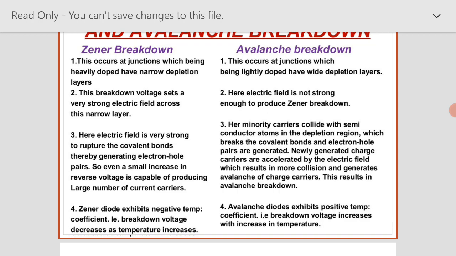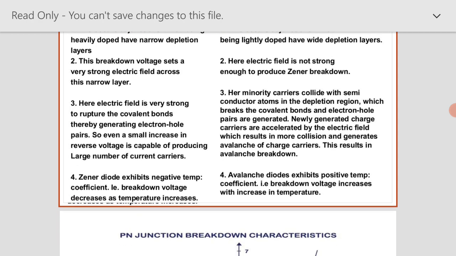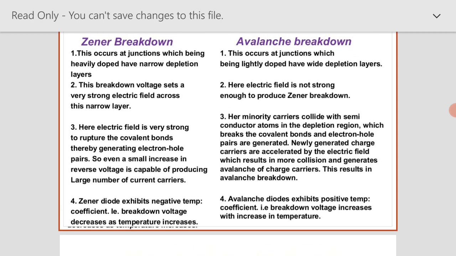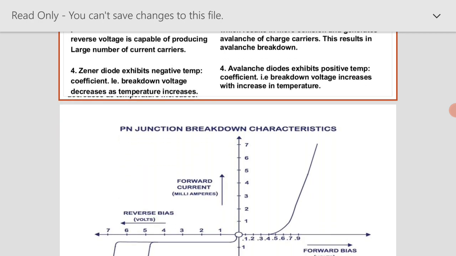This results in avalanche breakdown. The last point: the Zener diode exhibits a negative temperature coefficient, that is, breakdown voltage decreases as temperature increases. The avalanche diode exhibits a positive temperature coefficient, that is, breakdown voltage increases with an increase in temperature.